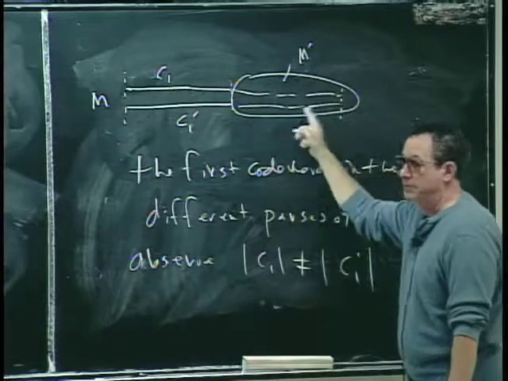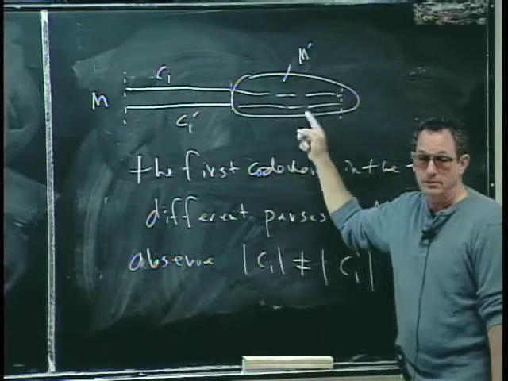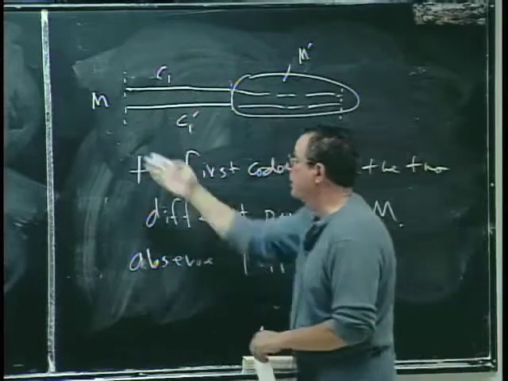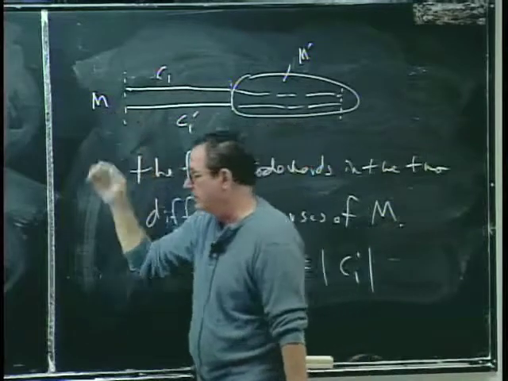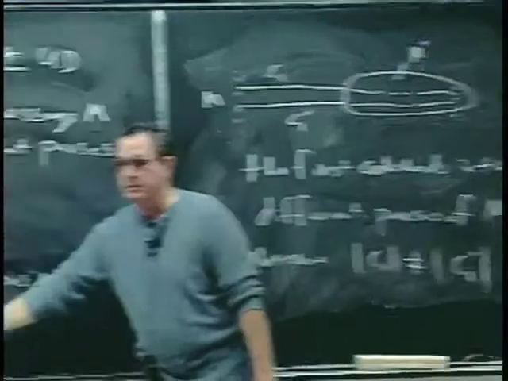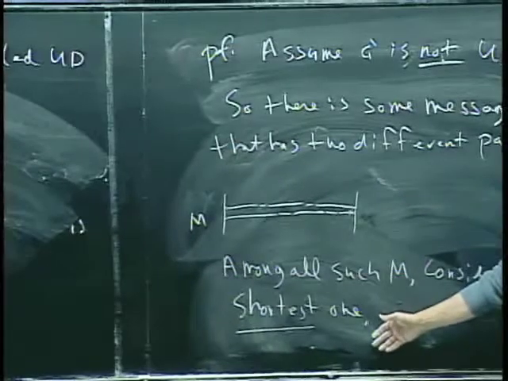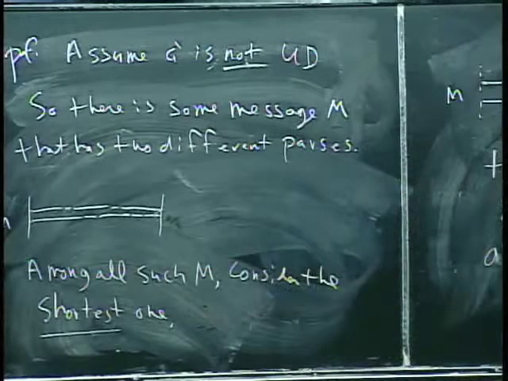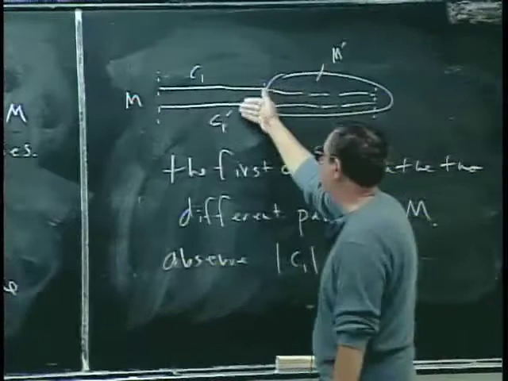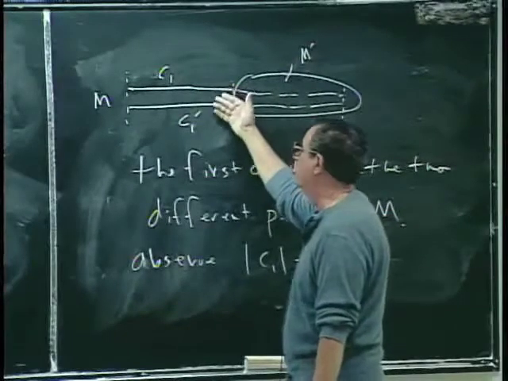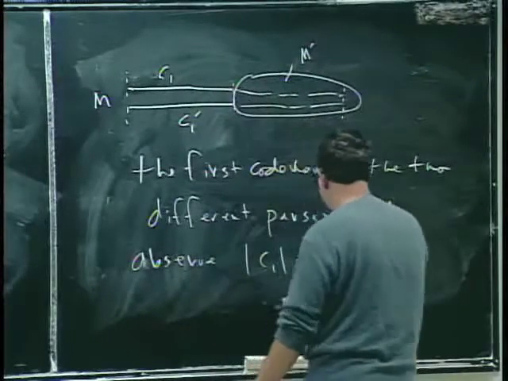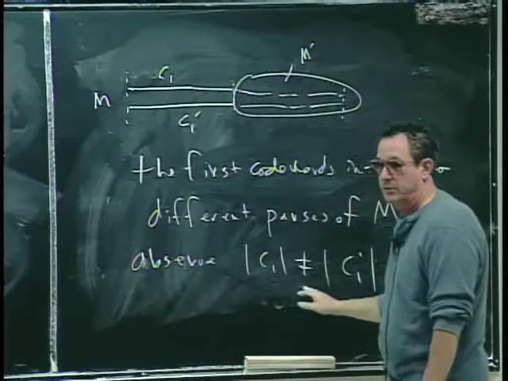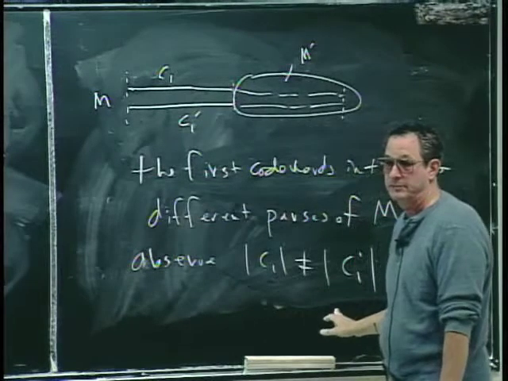It's a message with two parses also, and it's shorter than M, yet we said M was the shortest message with two parses. So it can't be that the two parses begin with the same code word, and therefore the two first code words have different lengths.